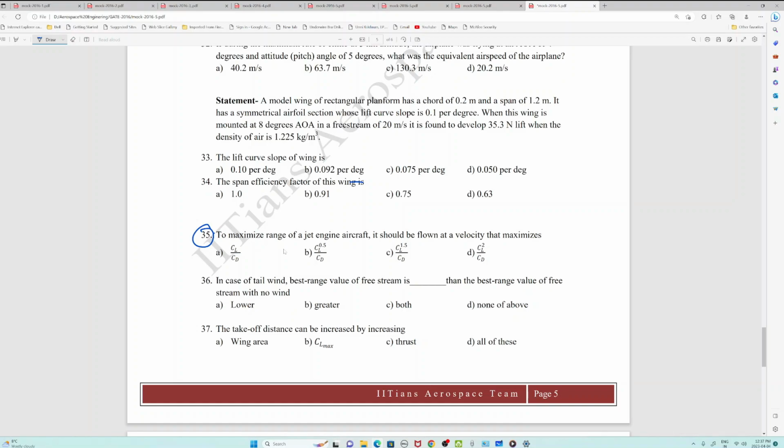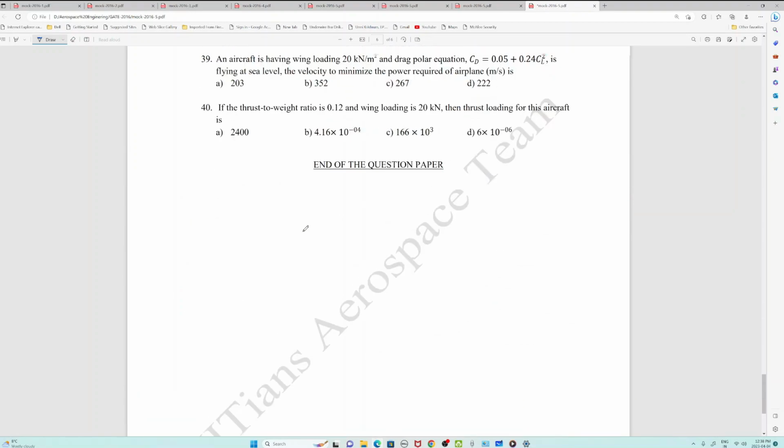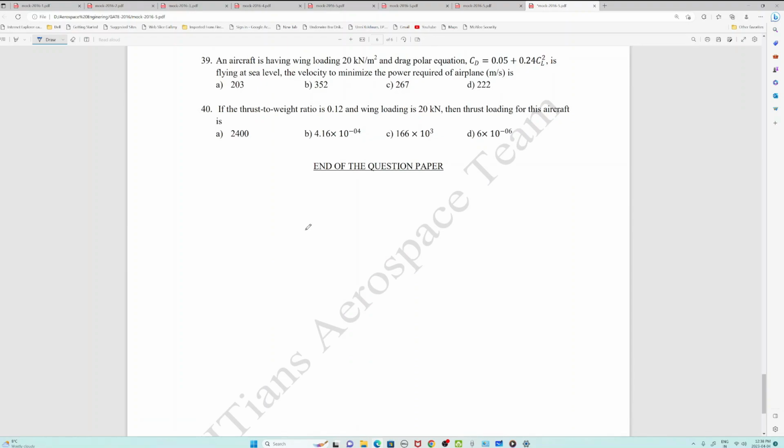So guys, first of all, we should understand what is range and endurance. We know that, guys, the range is the distance covered by the aircraft for a given amount of fuel, and endurance is for how much time the aircraft would be airborne for a given amount of fuel. So to define the range and endurance, one factor that is called SFC plays a vast role.